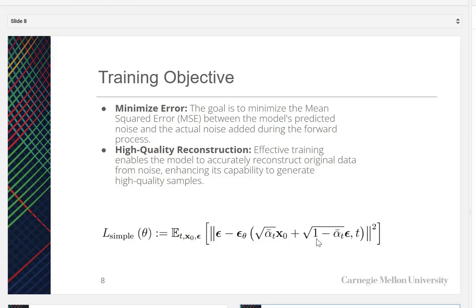And also the square root of 1 minus alpha t scales up the noise component, making it more dominant as t increases. And this is also what the squared Euclidean norm measures, the difference between the actual noise epsilon and the predicted noise epsilon theta.